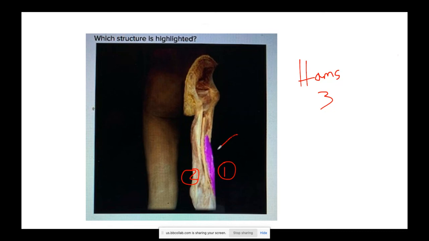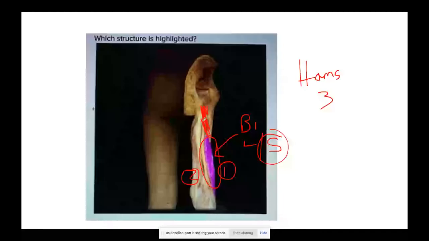The biceps femoris is the only one that's on the lateral side. And biceps, remember it's the biceps femoris, it means 2 because there's a long head and there's a short head. This one is shorter, so it's the short head of the biceps femoris. The long head is right up here at the ischial tuberosity.